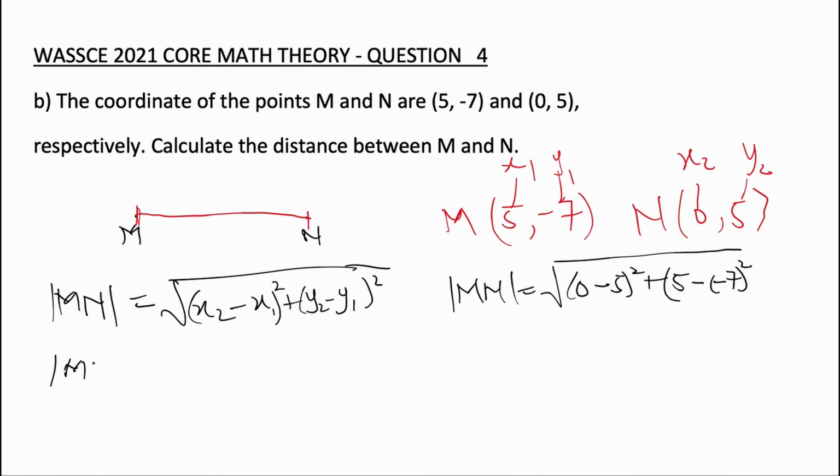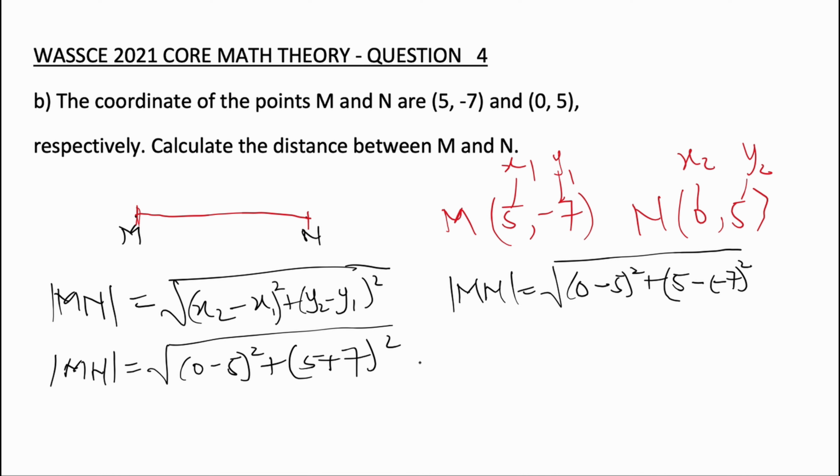The length MN will be equal to the square root of 0 minus 5, all squared, plus, now 5 minus -7 is 5 plus 7, so 5 plus 7, all squared.